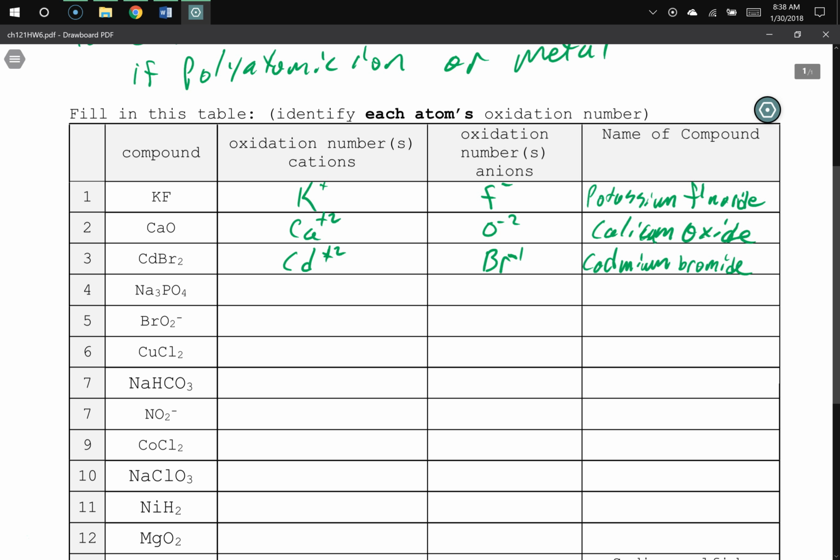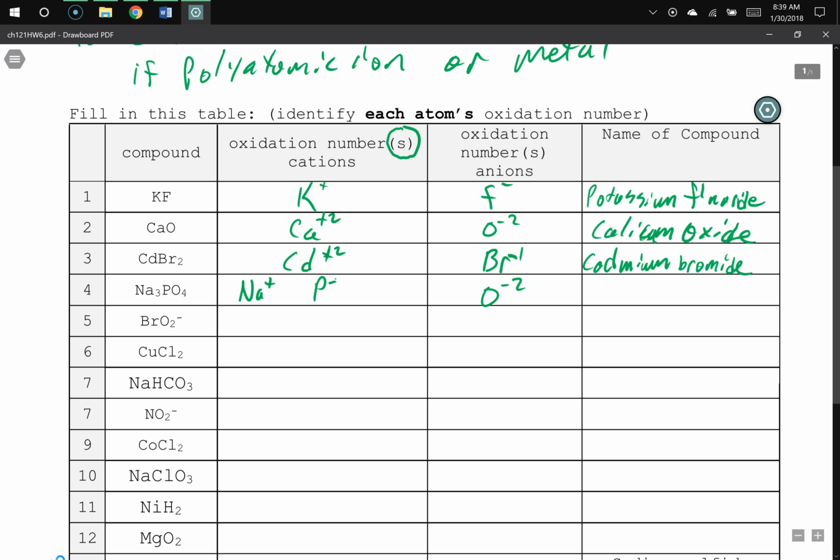Cation. The sodium, and it has to have a +1 charge because it's column number 1, but it says oxidation numbers. So there's actually a phosphorus in here that's positively charged. There's an oxygen in here. What's the oxidation state on the oxygen? -2. So what's my phosphorus got to be here? +5.